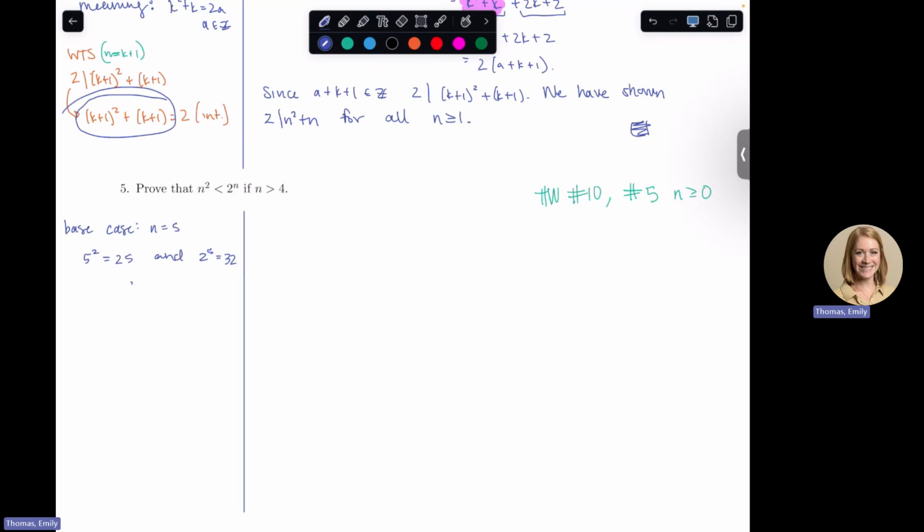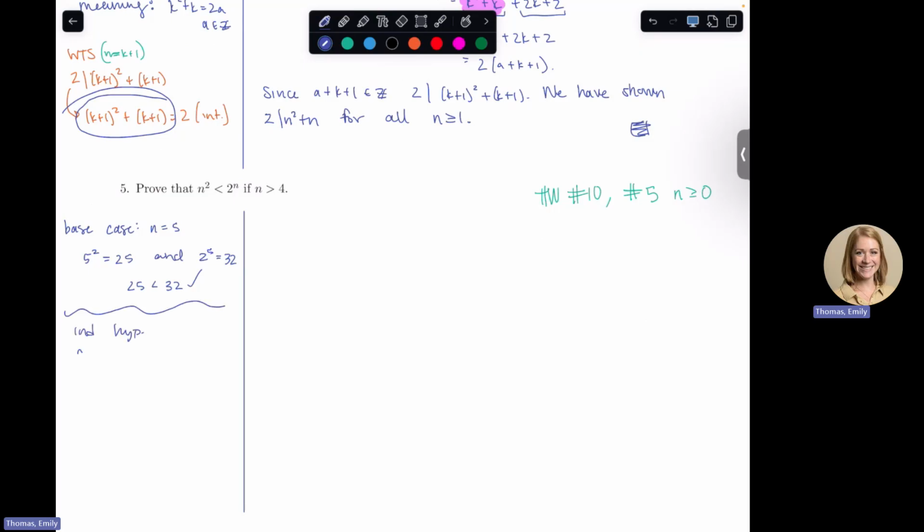And I would say something like, clearly, 25 is less than 32, so we're good to go. Now, I wouldn't write 5 squared less than 2 to the 5th to start with, because that's the thing you're trying to prove. Okay. So the base case holds.